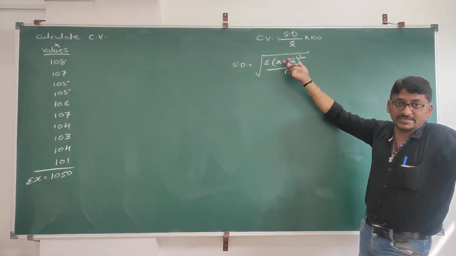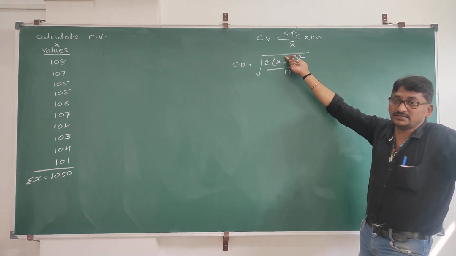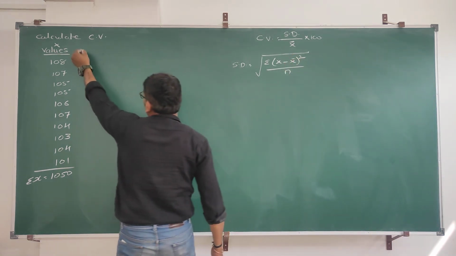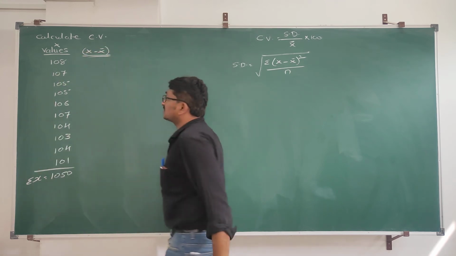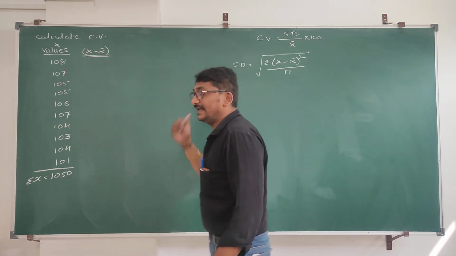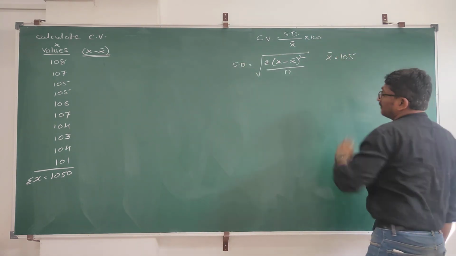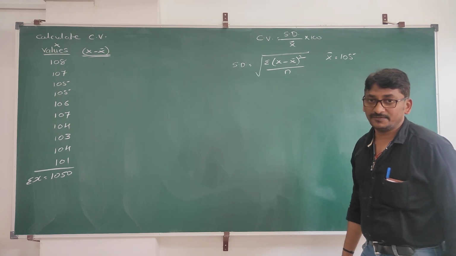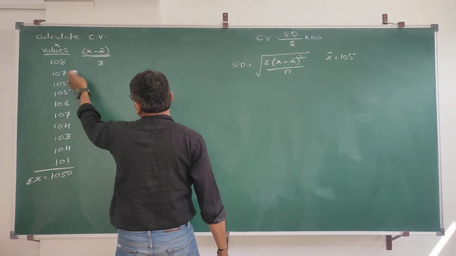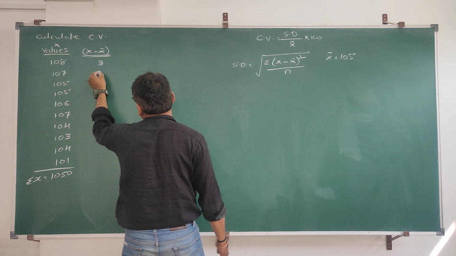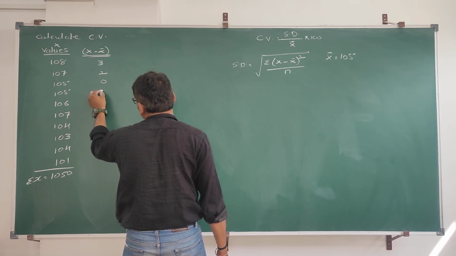So to calculate standard deviation, which column will you prepare first? You have to find out x minus x bar. So go for x minus x bar. Means from the x value, deduct the x bar value. What is the x bar value here? Here the x bar value is 105, correct? So 108 minus 105, 3. 107 minus 105, 2. 105 minus 105, 0.